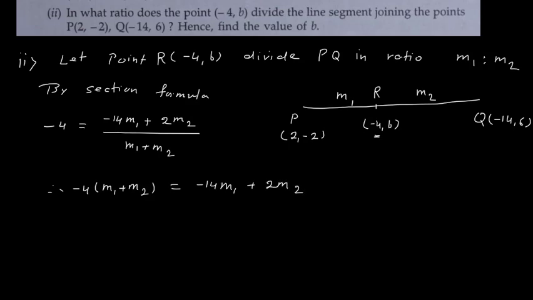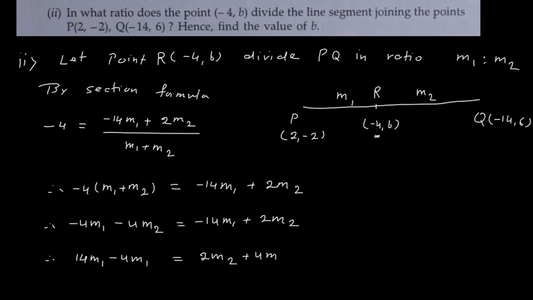Now I will keep all m1 on one side. So here I have -4 m1 - 4 m2 is equal to -14 m1 + 2 m2. This -14 m1 I will bring on the left side. So I have 14 m1 - 4 m1 is equal to 2 m2 + 4 m2.